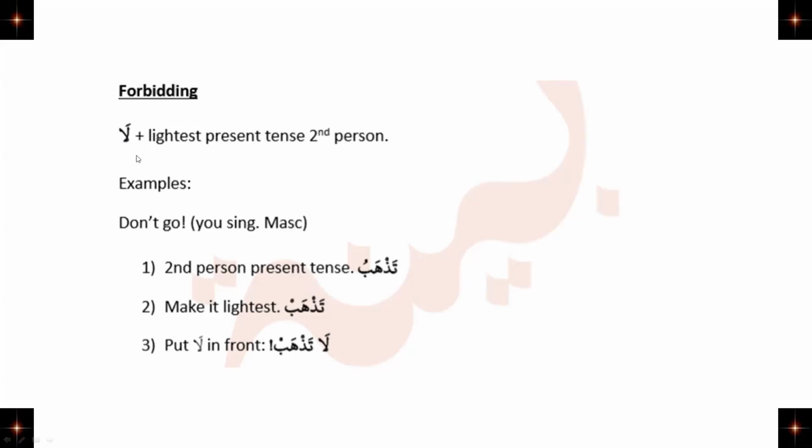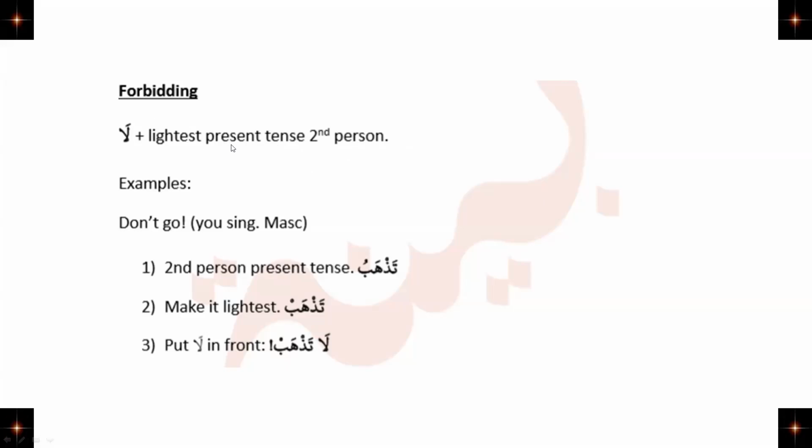So la, you add it to a lightest present tense. And that present tense will be in second person. Now note this. Second person, lightest, plus la. Okay. La والفعل المضارع مجزوم ومخاطب, second person. That's how simple it is for you to compose a forbidding statement.